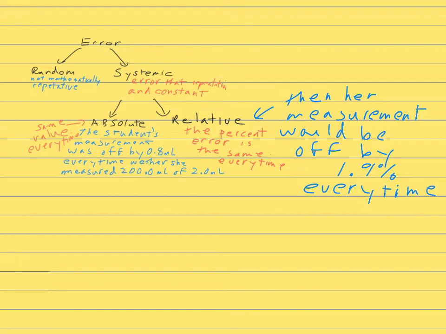Because if our student measured 200 milliliters, then her error would be that she was off by 3.8 milliliters.